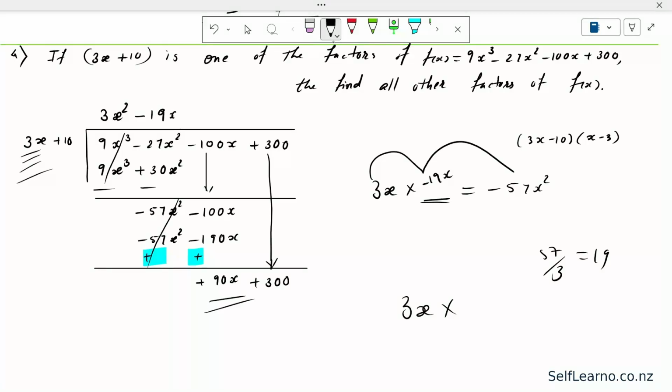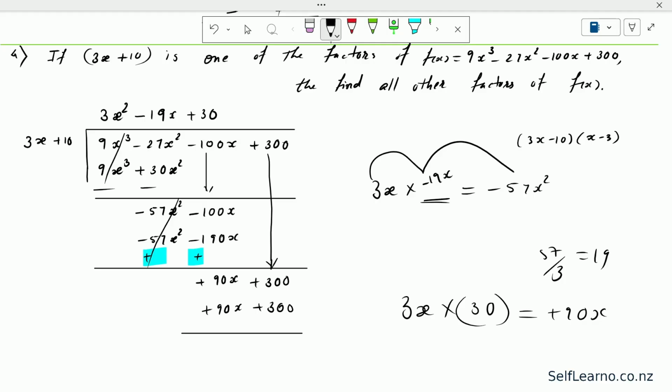To obtain this 90x, here I must use plus 30. So I will get plus 90x and 10 times 30, that is 300. Change the sign. Being cancelled, remainder is 0. Great.